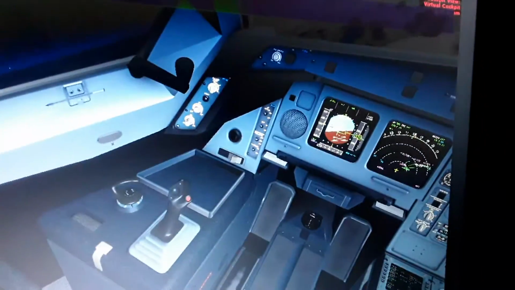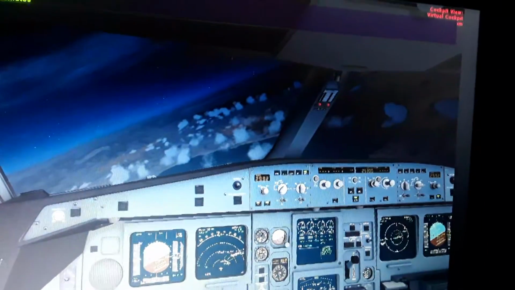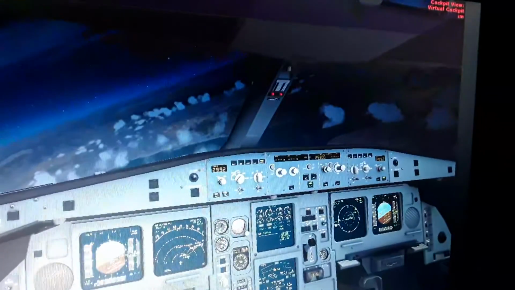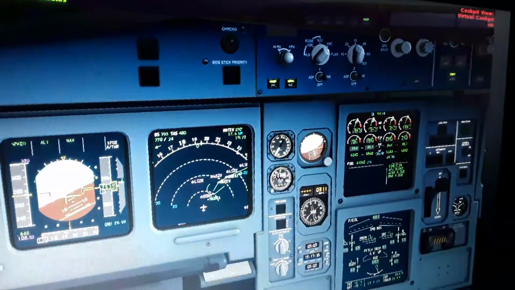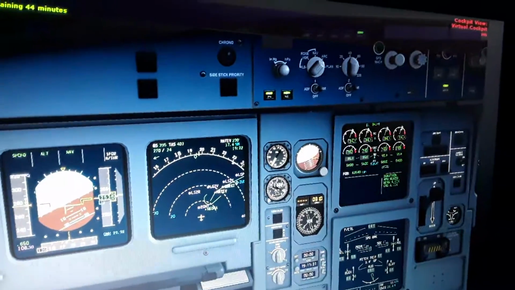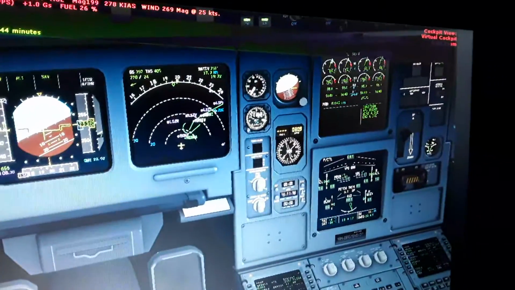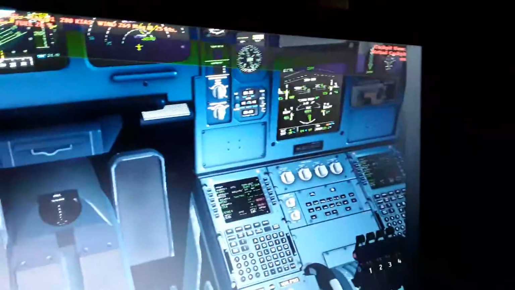So I'm gonna turn very fast for the landing, and we have 30 minutes to go. Use the direct to.